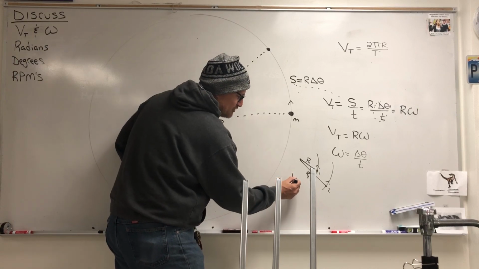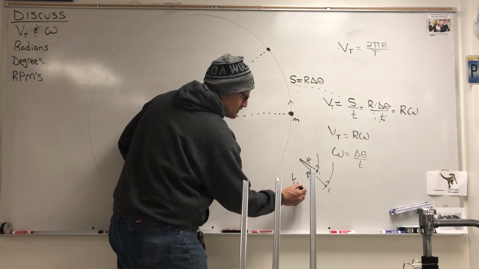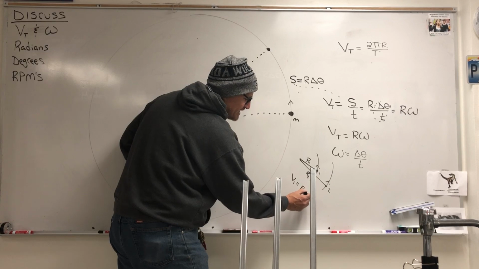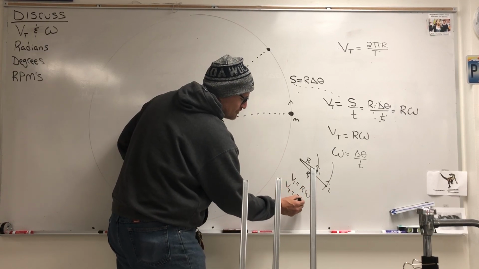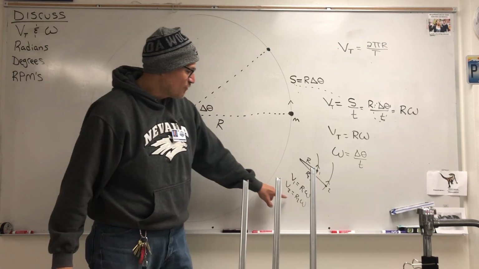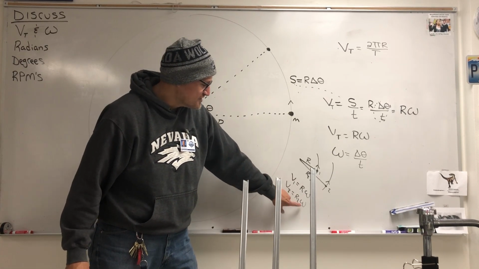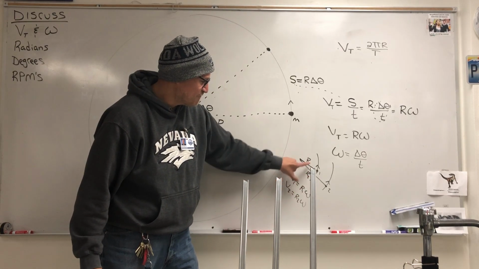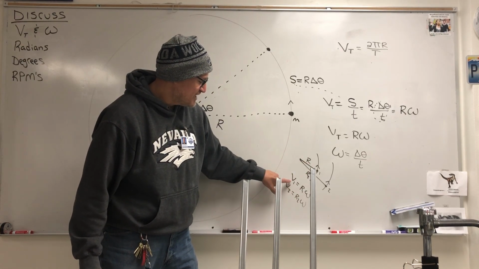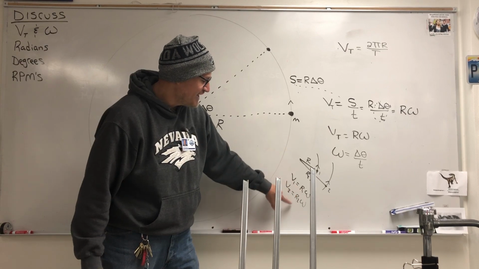V1 is going to equal R1 times omega. V2 will be R2 times omega. So V2 is greater because omega is constant. The rate at which theta changes is the same for both of these. However, tangential velocity is greater because the radius is greater.